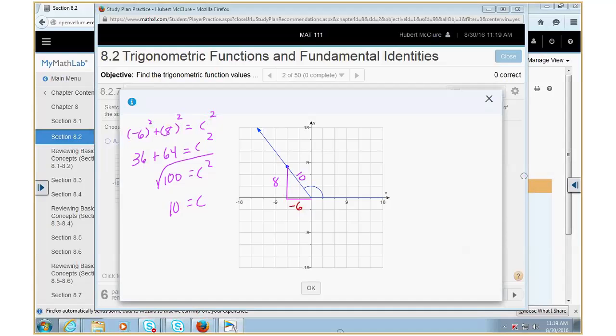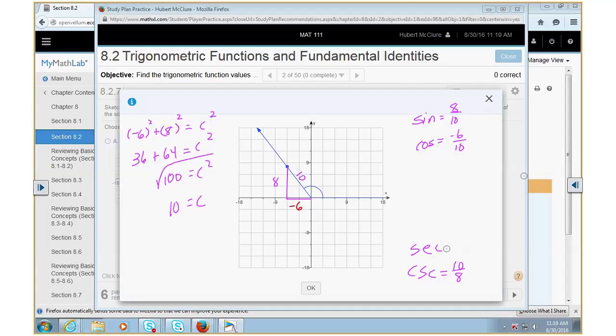So the sine is equal to opposite 8 over 10. That means the cosecant is equal to 10 over 8. And cosine is equal to -6 over 10.